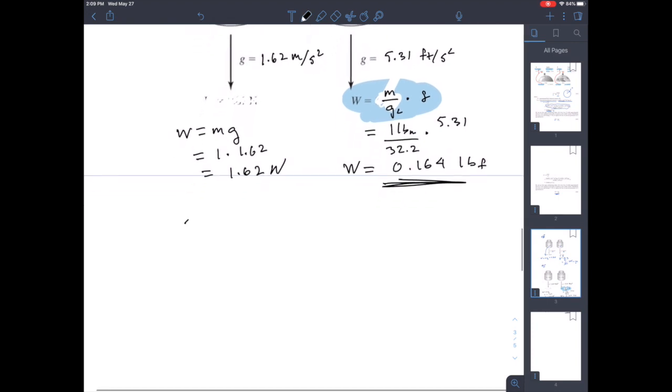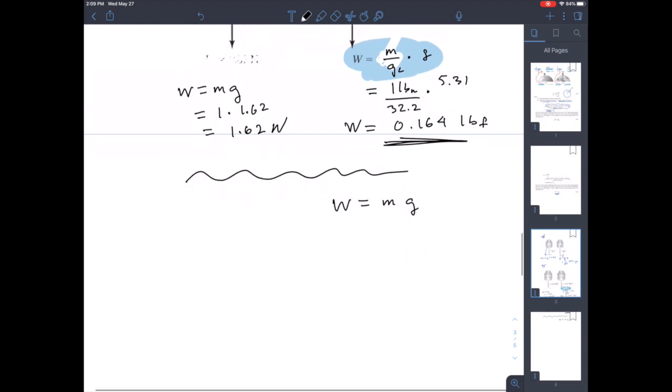Okay, so another concept that you could use that would fix this problem is to take the idea that the formulas are going to be the same. Weight is mass times gravity. However, when you use mass, it needs to be a standard unit. The standard unit for mass is slugs.